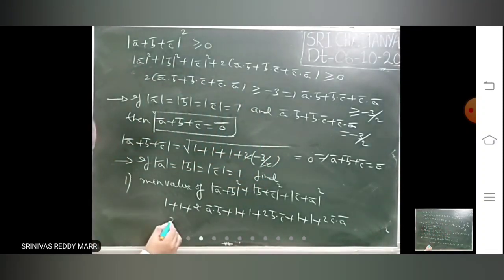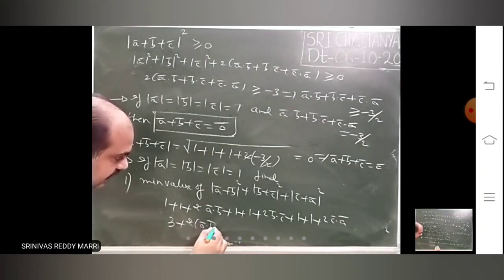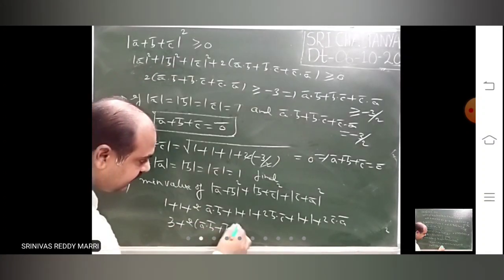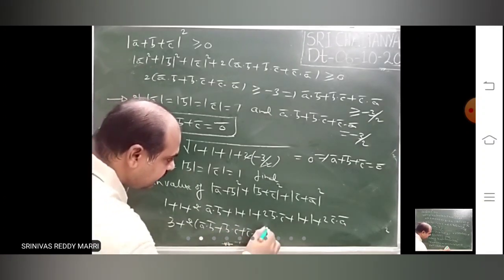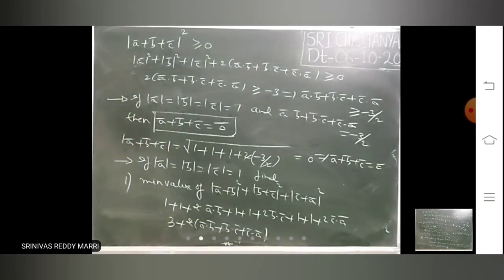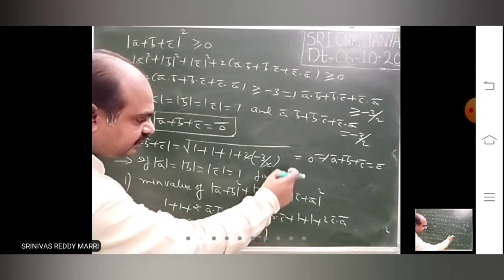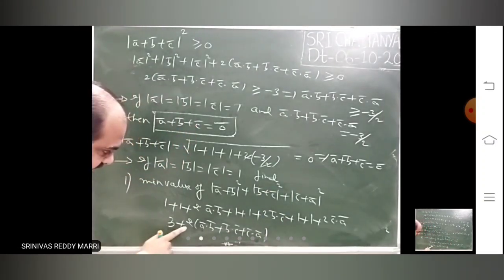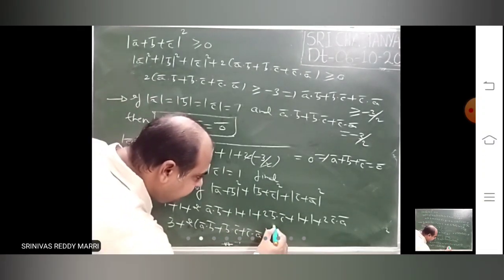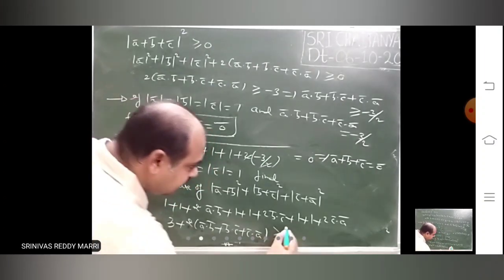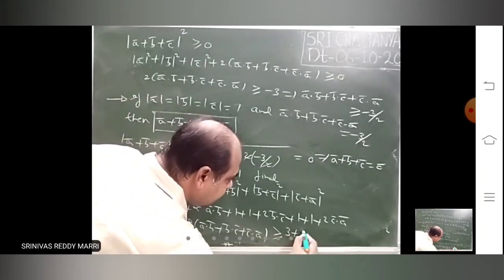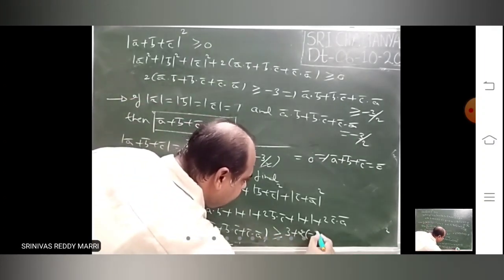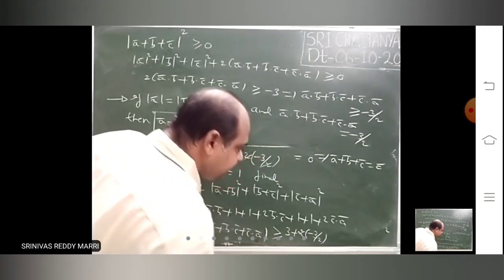So that means you will get 3 plus 2 into (a dot b plus b dot c plus c dot a). Now this is always greater than or equal to −3/2. So this is always greater than or equal to 3 plus 2 into −3/2.